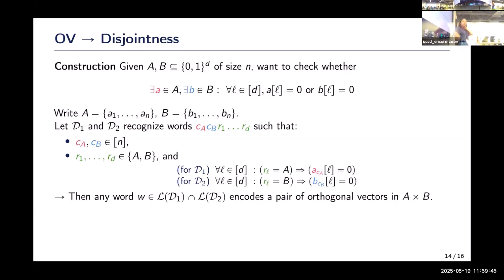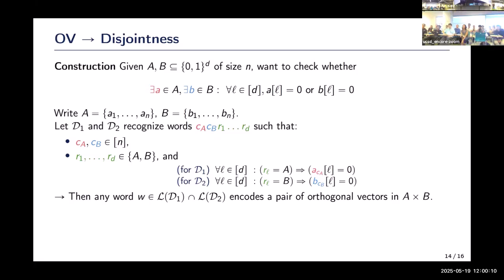And similarly, if the responsibility is assigned to B, D2 checks that the chosen vector B provides the 0 at this coordinate. And so now, if I have a word that's accepted by both those DFAs, then this means that I correctly assigned the responsibilities to A and B, and for each coordinate, I got a 0 in either one of them. So I got orthogonal vectors, right?